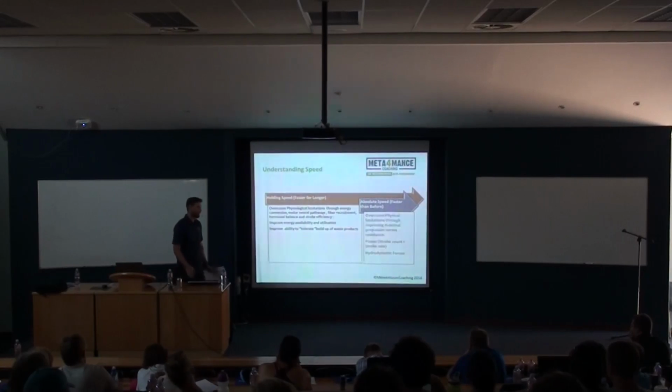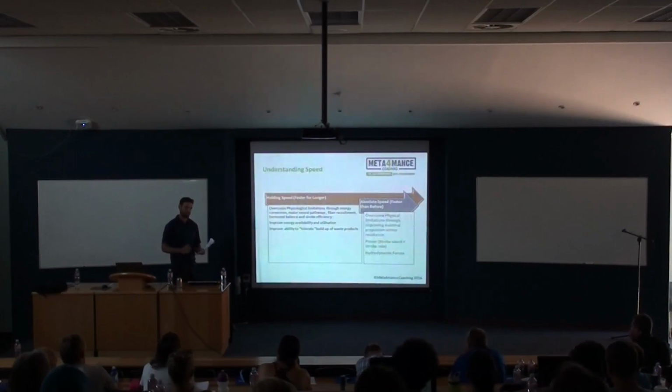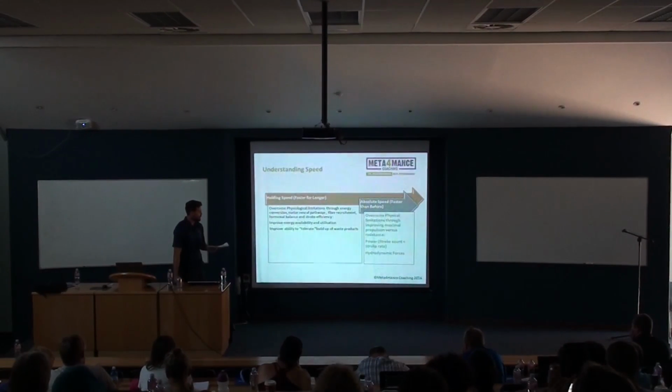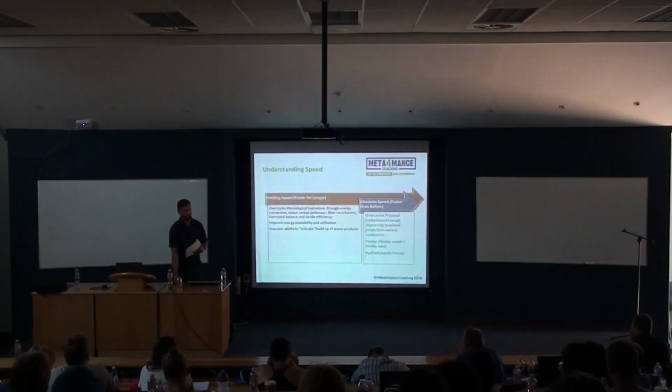So it's really a case of overcoming physical limitations, and when I say physical, I mean more from a physics perspective, through creating maximum force and minimizing resistance. And that's where things like stroke rate and stroke count come into account.